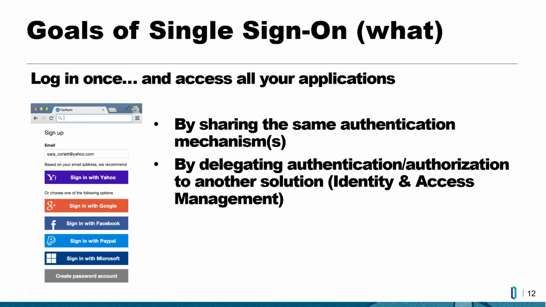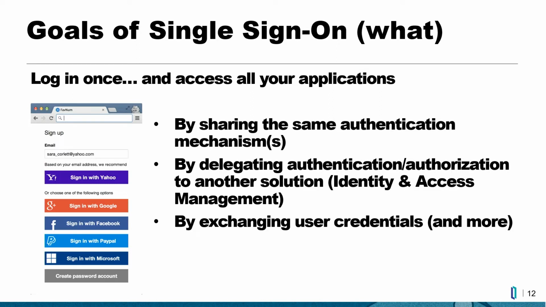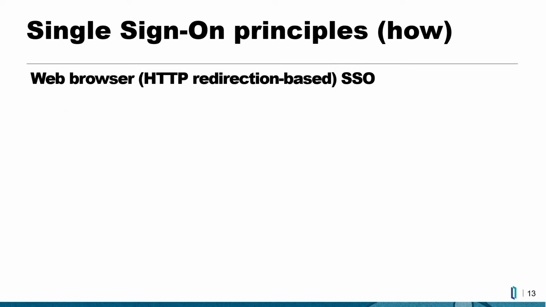And instead of just remembering a ton of passwords, you have a small number of accounts, maybe just one if it works, for you to remember. And the other applications will just get some user credentials from these single sign-on solutions, and you will just get through without even noticing that it happened.